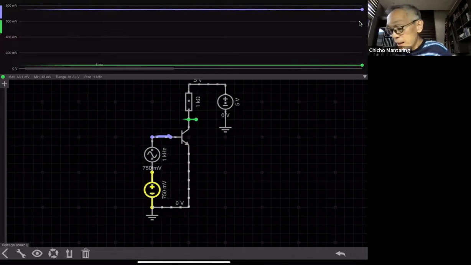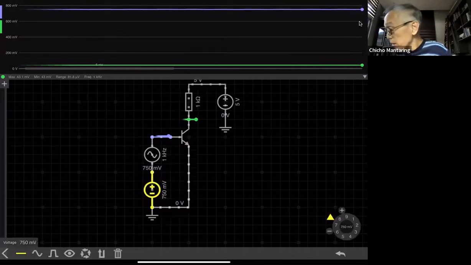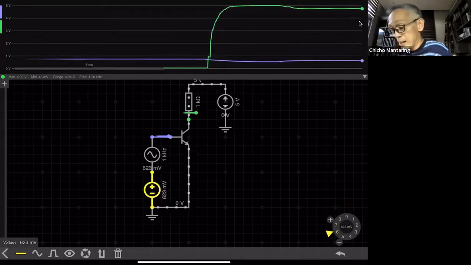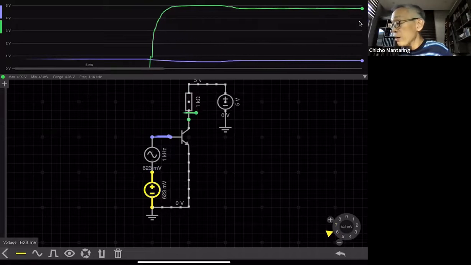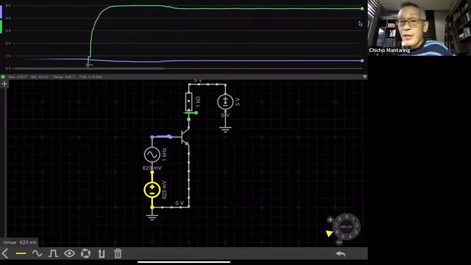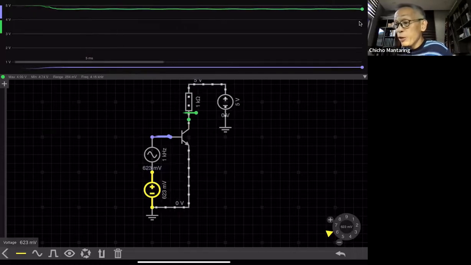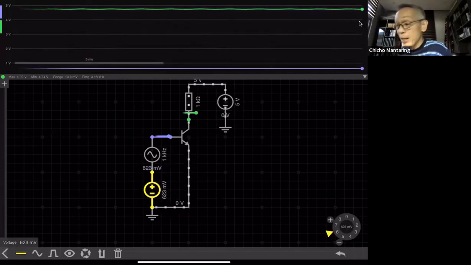On the other hand, if I make this smaller, let's say I make that 0.6, I do not have enough voltage to make my base emitter conduct, and my transistor is always in cutoff. So this is very important. The value of this offset voltage is quite important.